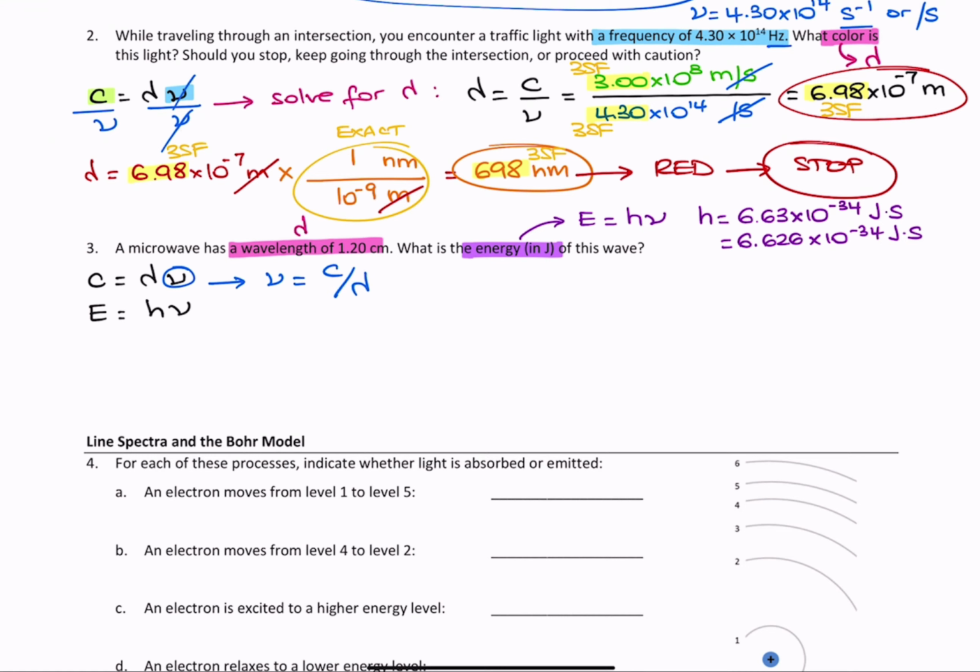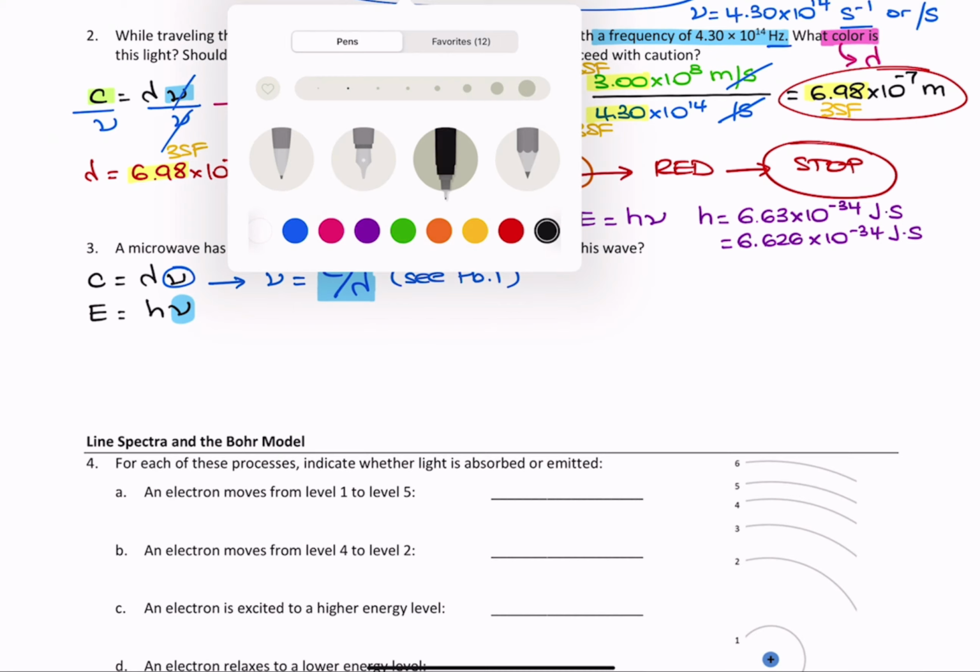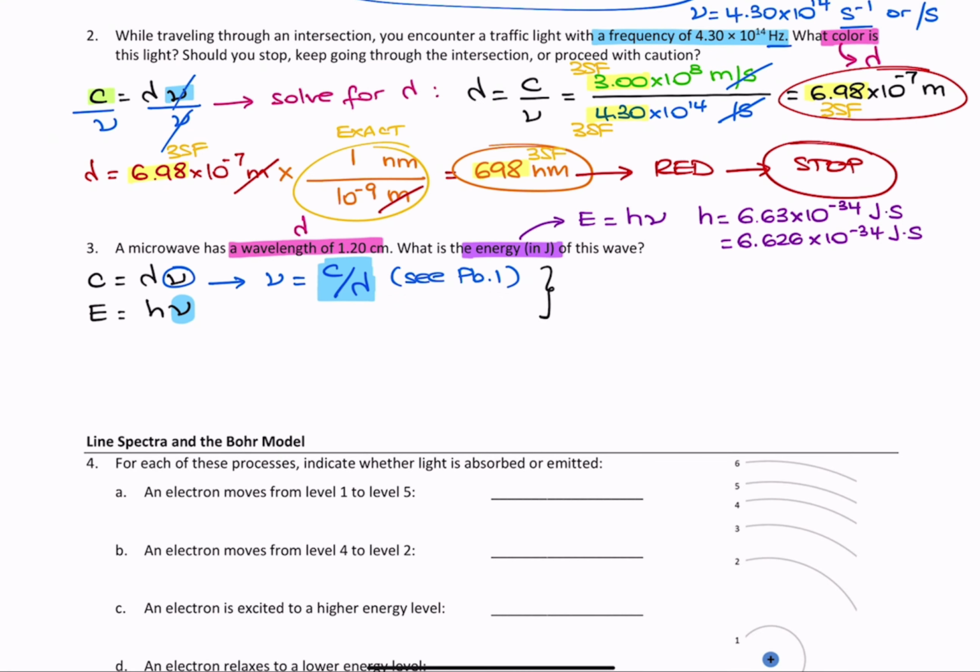This is what we did in problem 1. Now we're going to replace the nu here by this value. By combining these two equations, we get that E equals h, but replace your nu by c over lambda.